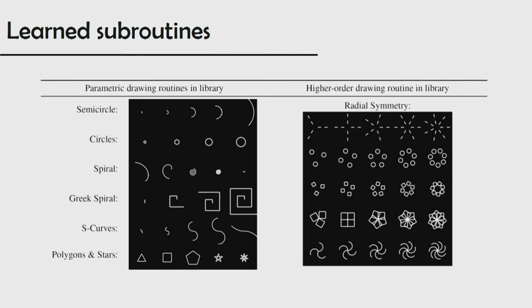For example, higher order functions that say, give me a function that will draw some kind of picture, and then give me an n, and I will draw you a radially symmetric repetition of that picture.